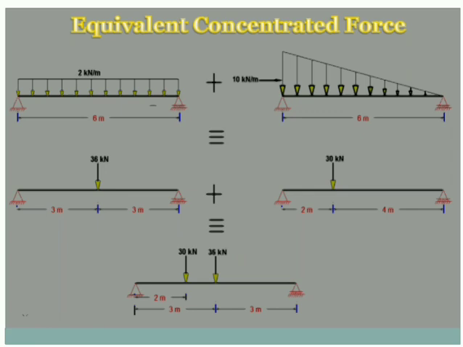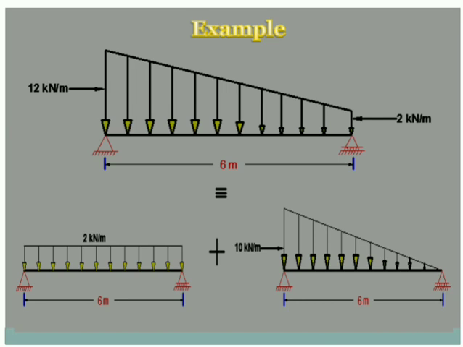Go through this. You yourself can pick any number and try to work out these examples. What I mean is, if you want to study this example and find the equivalent load as homework, take this value here as 30, take this length here as 8, and work out the equivalent point loads.